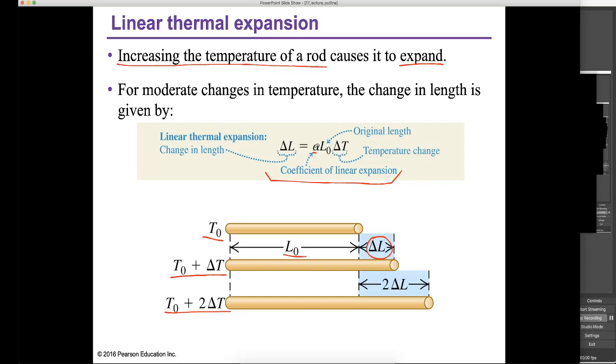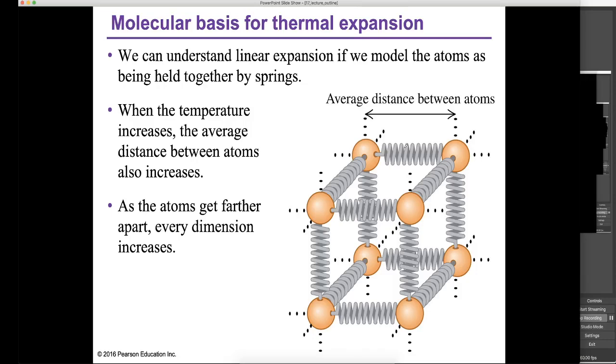Different materials will have different alpha, or different coefficients of linear expansion. Some materials are very easily expanded by temperature, while others are not. So it completely depends on the material.